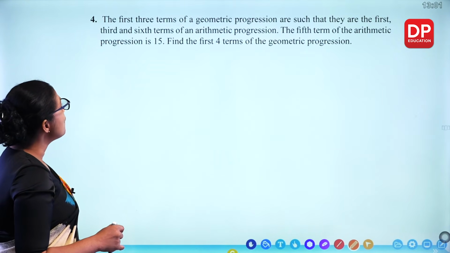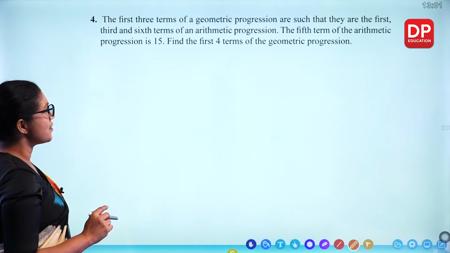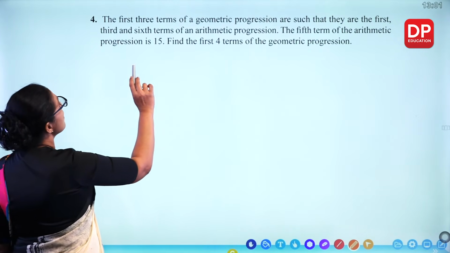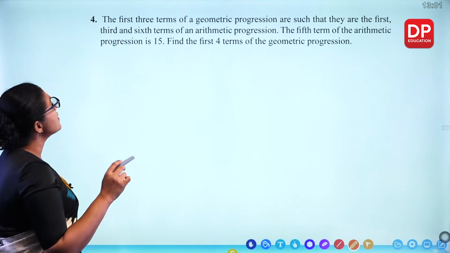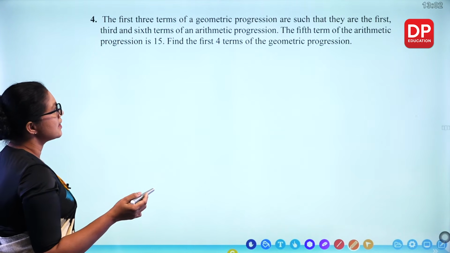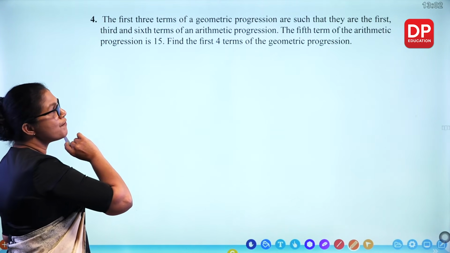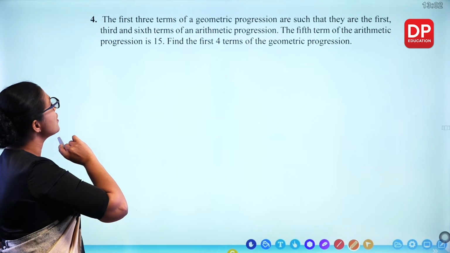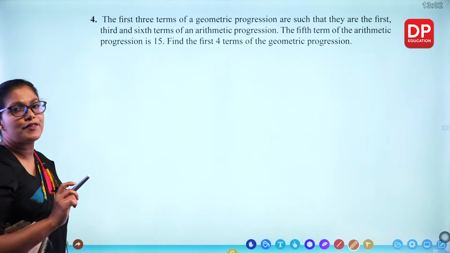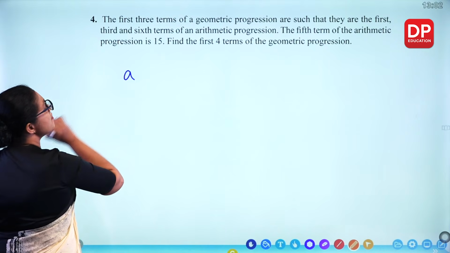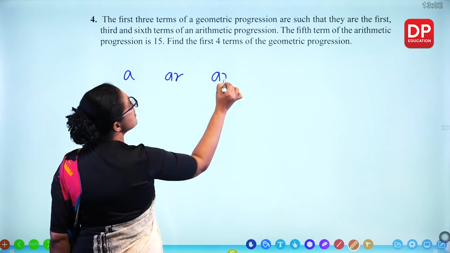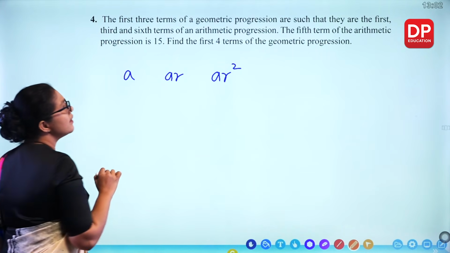Look at this one. The first three terms of a geometric progression are the first, third and sixth terms of an arithmetic progression. The fifth term of the arithmetic progression is 15. The first three terms of the geometric progression: the first term is A, the second term is AR, the third term is AR squared.